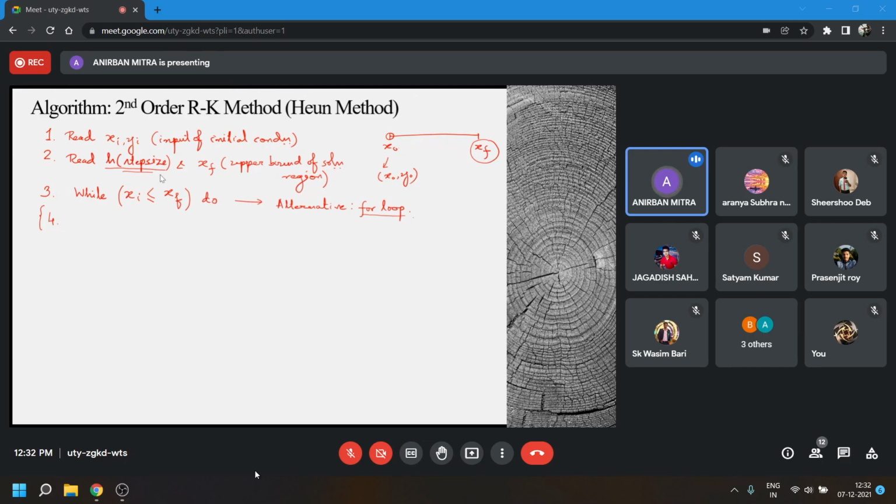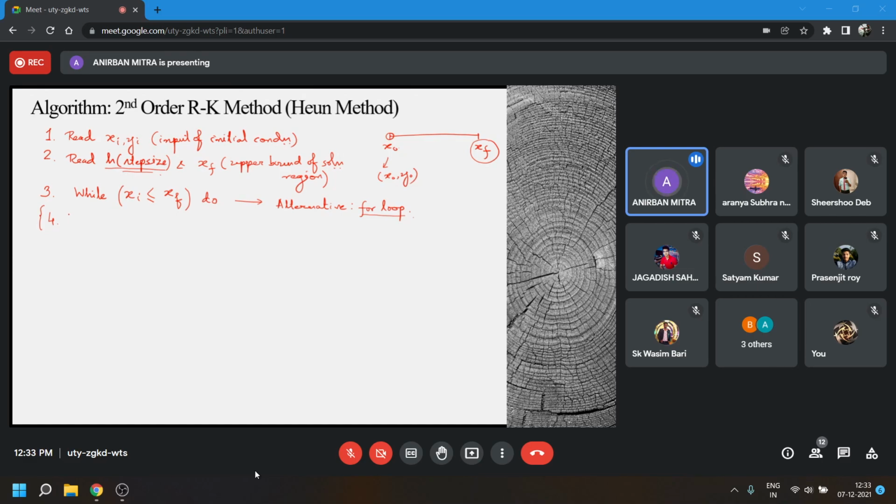That is not a difficult issue, of course. You know xf and x0. You also know the number of subintervals or steps, so the step size can be calculated from there. Those are just variations in terms of the input parameters.